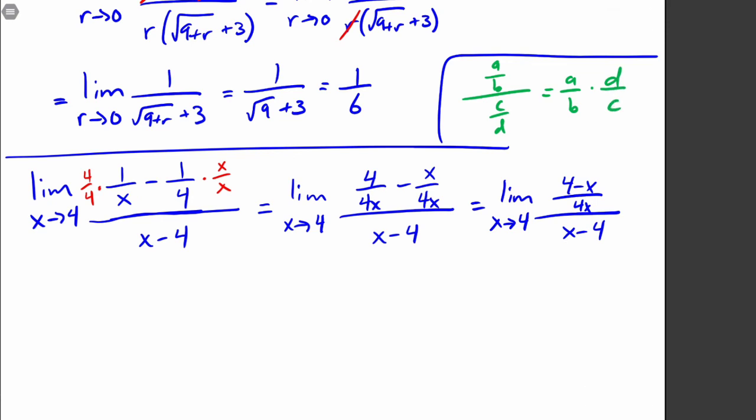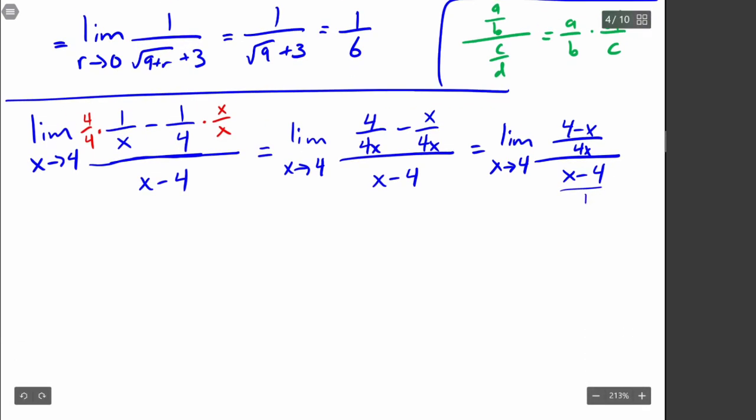Here the bottom is just x minus 4, but you can think of that as x minus 4 over 1. And so here we have the limit as x goes to 4 of 4 minus x over 4x times 1 over x minus 4.